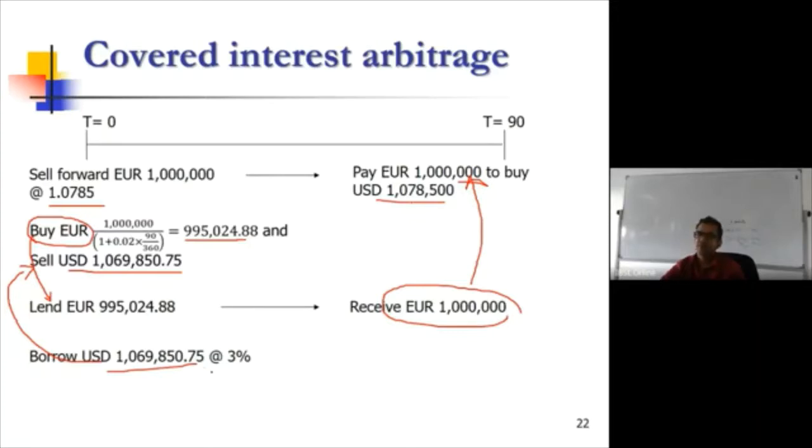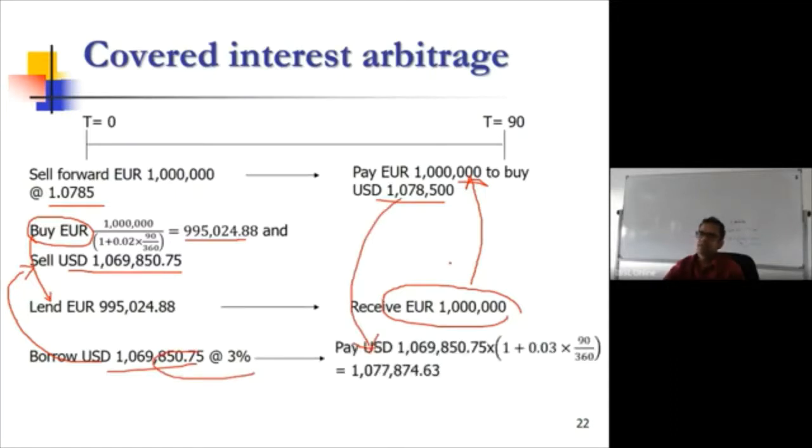You have borrowed dollars here, so use this dollar to pay your loan. You need only this amount of dollars, and you have more than that. The difference is $625.37. That is the profit.